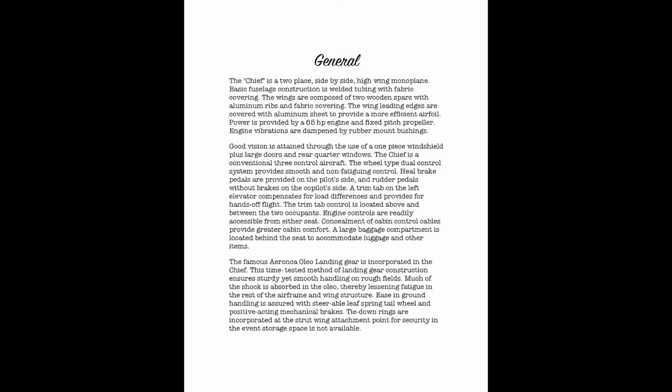So to go over the book first, modern Pilot's Operating Handbooks or aircraft flight manuals are divided into standardized sections, and the book that we have for the Chief does follow this format. Section 1 is called just General.